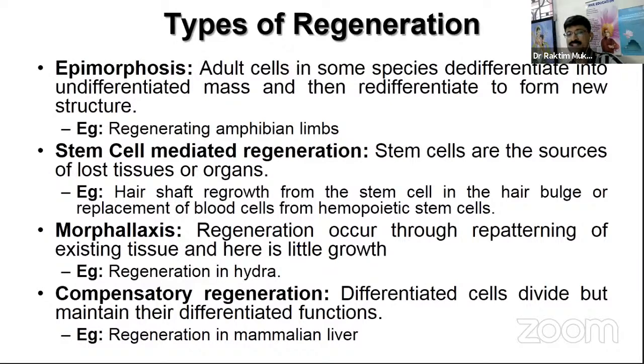Example of compensatory regeneration is the mammalian liver. Morpholaxis example is regeneration in hydra.